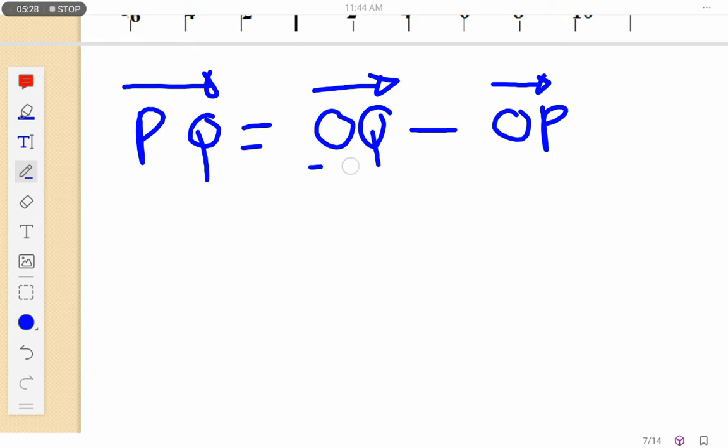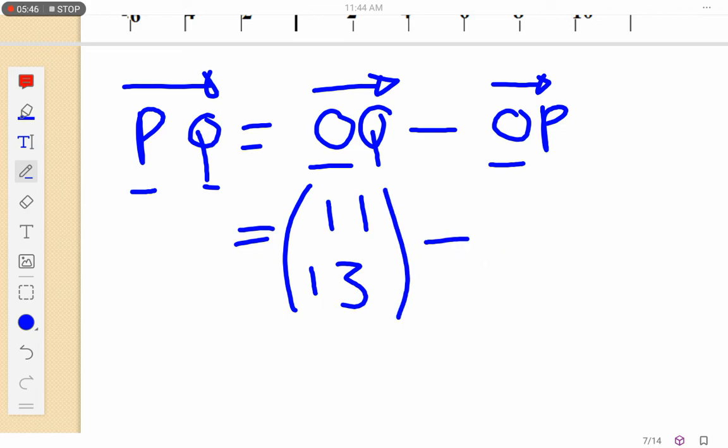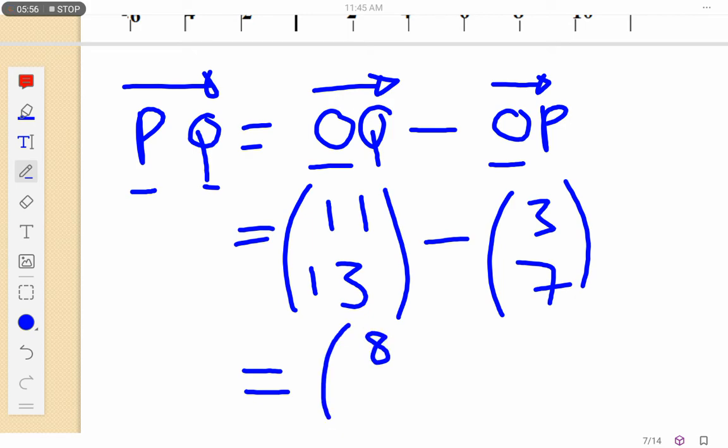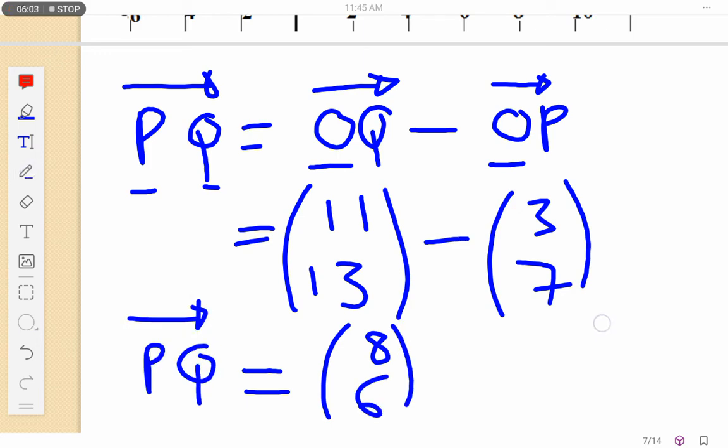That's why I'm introducing OQ and OP. Whenever it's PQ, for you to get the vector, you simply say Q minus P. My Q is (11, 13). My P, OP, is (3, 7). If I subtract, 11 minus 3, I'll get 8. 13 minus 7, I'll get 6. So this is my PQ through the calculation method.